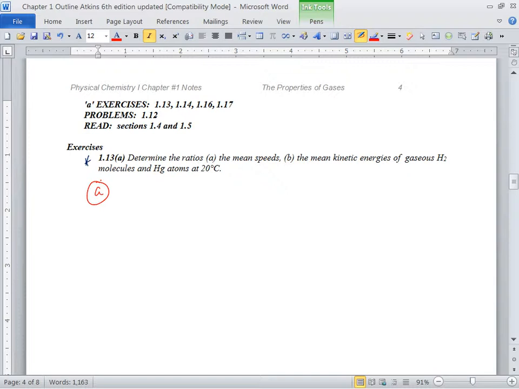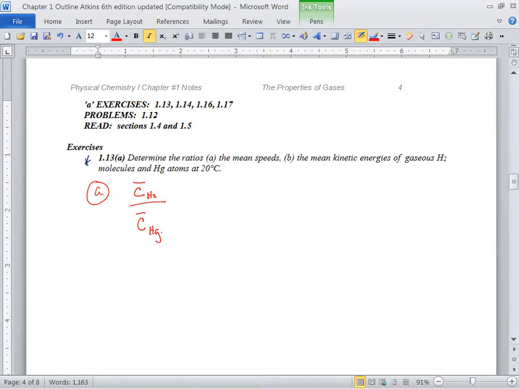They want the ratio of it. So what's the variable for mean speed? What symbol did we use for that? C bar. So they want C bar for H2 divided by C bar for Hg.